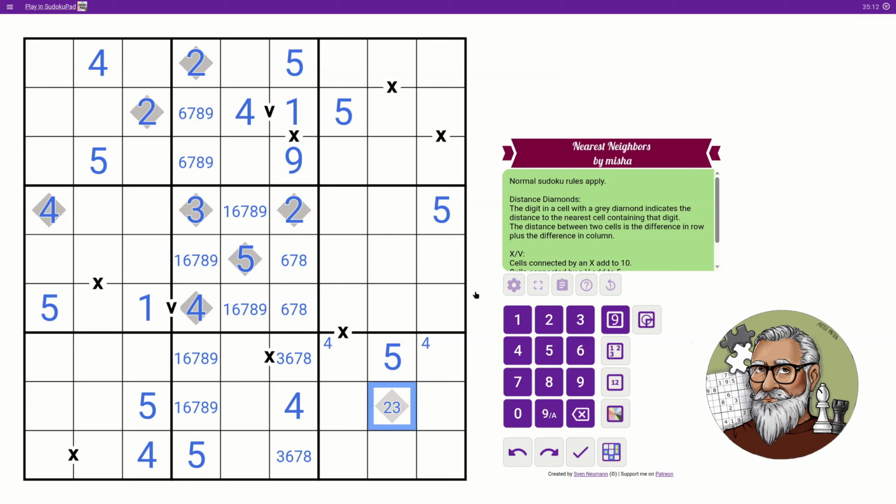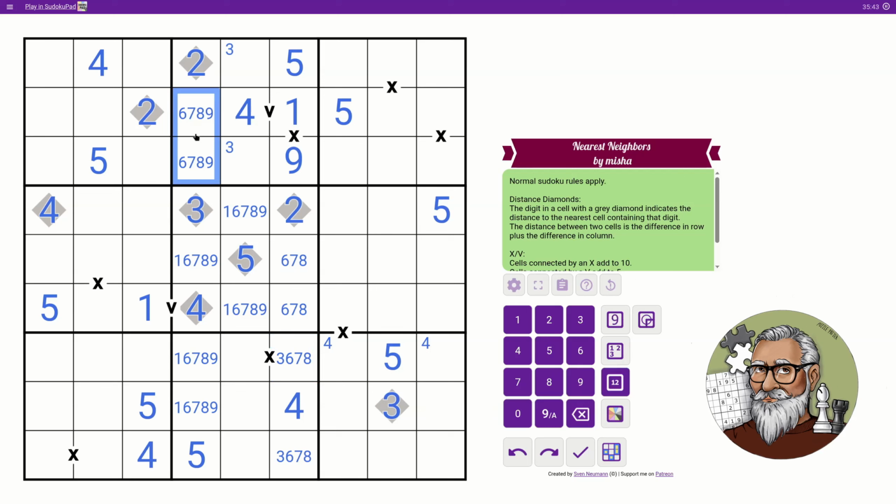Because the outside of the box are already 2 away, minimum, right? So this one is a 3. Doesn't eliminate anything though, does it? I know that there is a 3 here though. So one of those is a 3. Yeah, that's fine. Both are fine for this one.